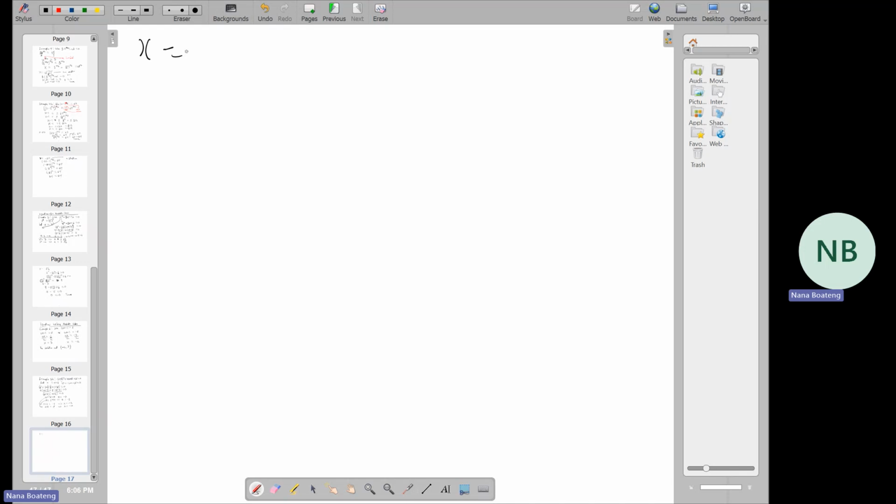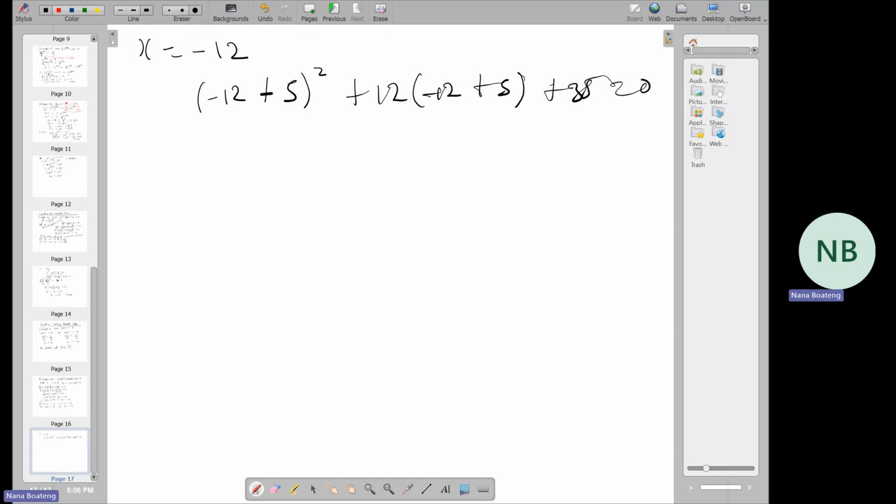When x is equal to -12, we will have (-12 plus 5) squared plus 12 times (-12 plus 5) plus 35 is equal to 0.